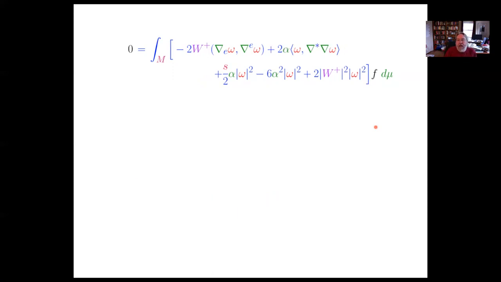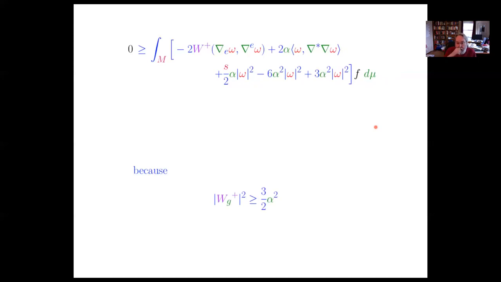And now there's a general fact about the norm squared of W plus as related to the square of any eigenvalue, simply because it's trace-free. It's not just bigger than an eigenvalue squared, but because it's trace-free, it has to at least be 3/2 the square of the eigenvalue.